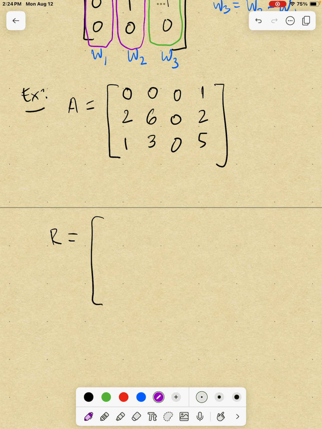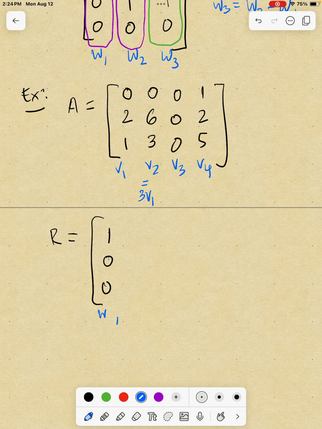So you see the first column isn't all zeros, so I know that the first column of my reduced row echelon form is going to be 1, 0, 0. Now, here's V1, V2, V3, V4. V2 is 3 times V1.